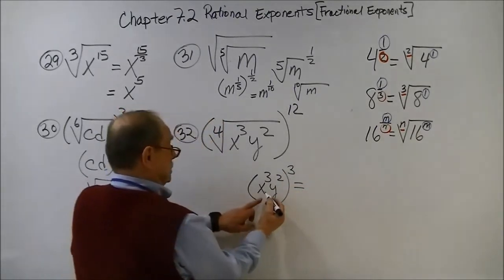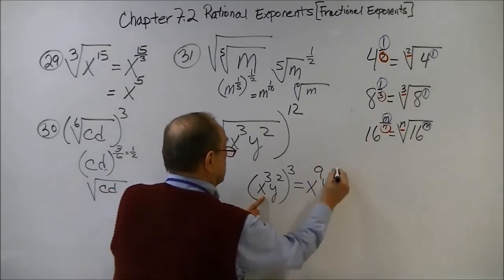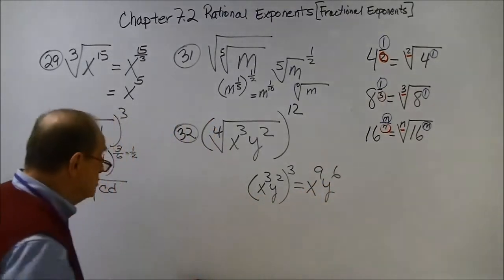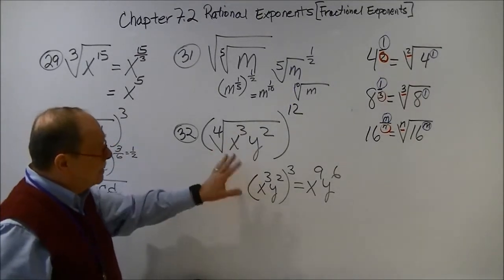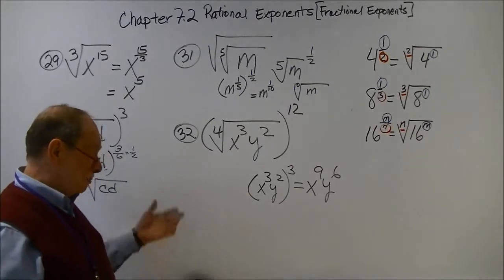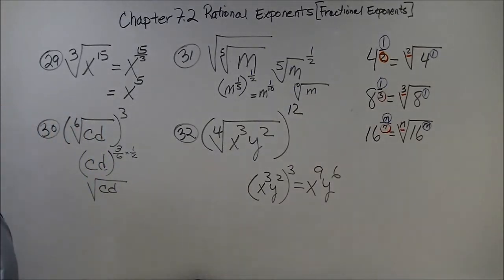And now you're going to do your multiplication. X to the 9th, y to the 6th. Ooh. Even though it looked rather complicated, by the skills you've worked on and practiced and hopefully mastered, you get the answers. And that will wind this up. Next section is 7.3 that we'll do.